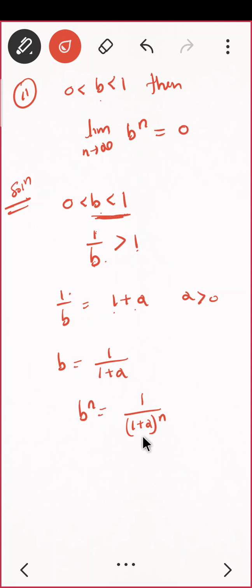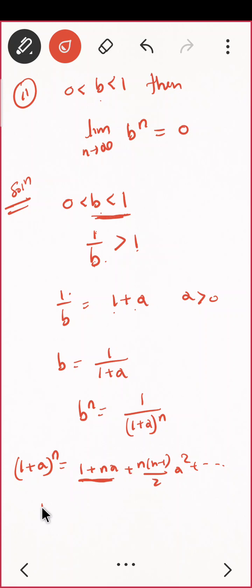So can I use something? 1 plus a raised to n. What can I write? That is equal to 1 plus na plus n into n minus 1 by 2 a square, and so on. Correct? But I don't want all the terms. I want just this term. How can you relate? That means 1 plus a raised to n is greater than or equal to 1 plus na. Can I do that?